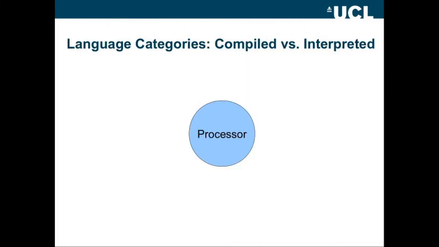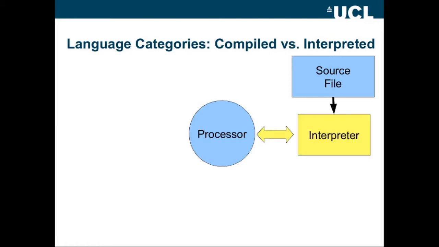So I said I would come back to the difference between compiled and interpreted languages. Remember that at the center of your computer you have a processor. Typically this will be an Intel processor or an AMD processor, and this is what actually does the computing work. In an interpreted language we have a source file, a file which describes our program. It's the steps that our program needs to take.